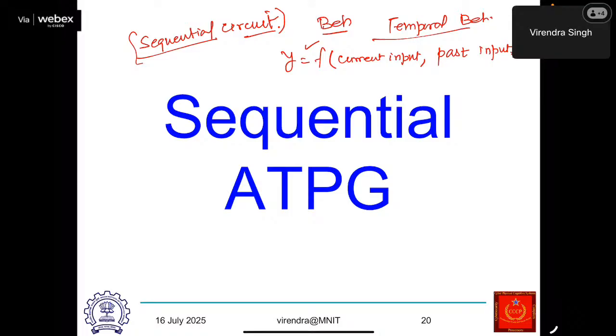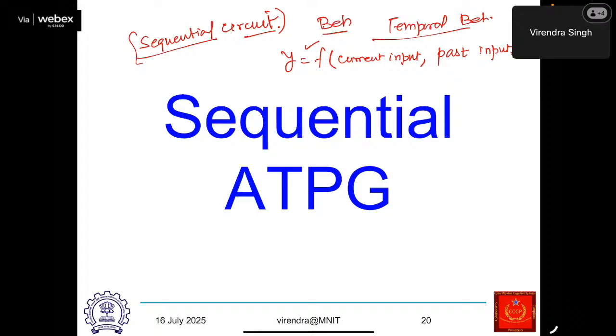Now, how many past inputs it can depend upon defines the length of the machine that you have. Every machine in this case will have some kind of memory, because it has to memorize what past inputs I have received, and to memorize these past inputs you have to define a state of the system.